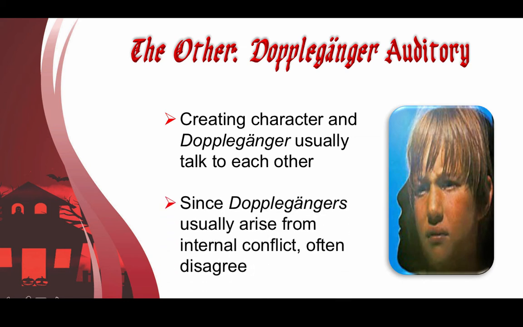Now, Weber also states that doppelgangers usually arise from internal conflict, so the creating character and the doppelganger often disagree. Niles and Holland disagree from the very beginning, often in very minor ways, although usually unspoken, sometimes in much more significant ways.